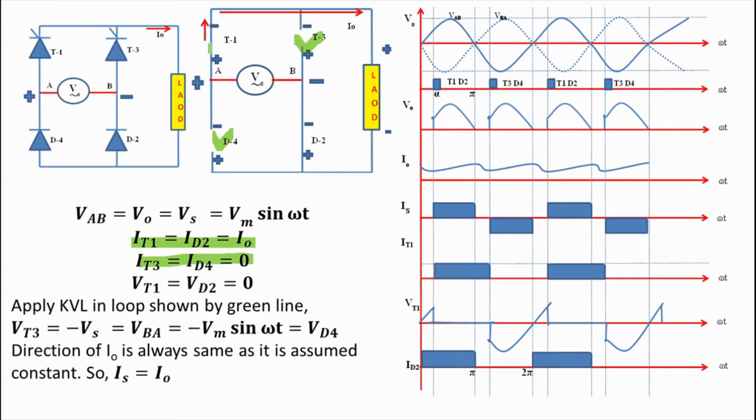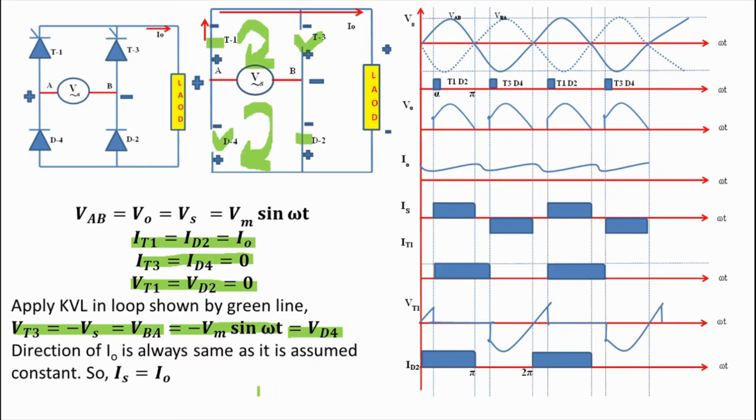Okay. Now apply KVL in the loop having Vs, T1 and T3. On applying KVL we get VT3 is equals to minus Vs and that is equals to VBA. Similarly, on applying KVL in the loop containing Vs, D4 and D2, we get VD4 is equals to minus Vs that is equals to VBA. See the waveform.